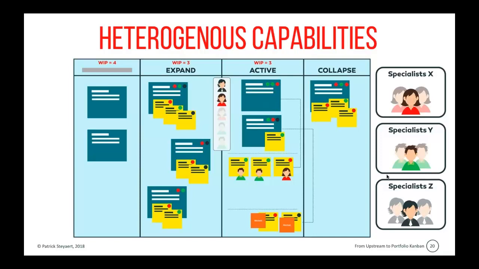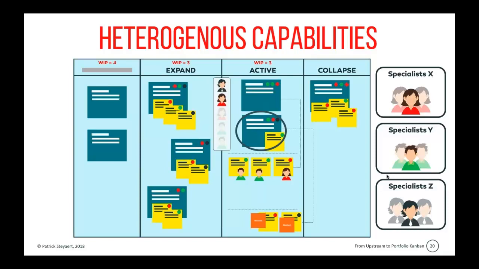Now, oftentimes, out of resource utilization considerations, we start a request like the second one in the active column, where we need a green, red, and black competency, but the green competency is not available. So what happens?